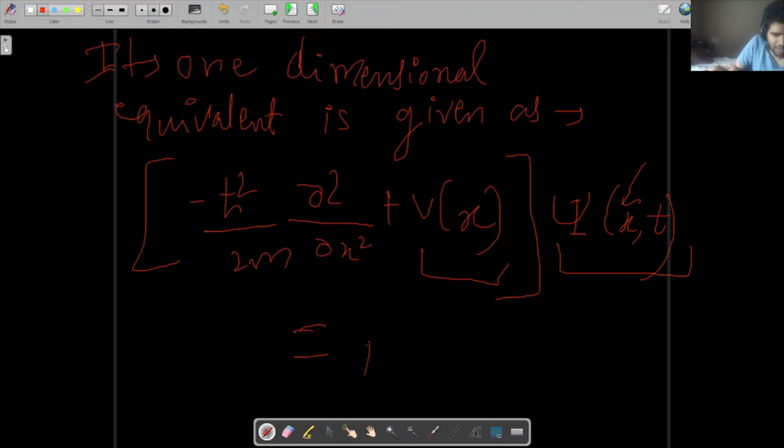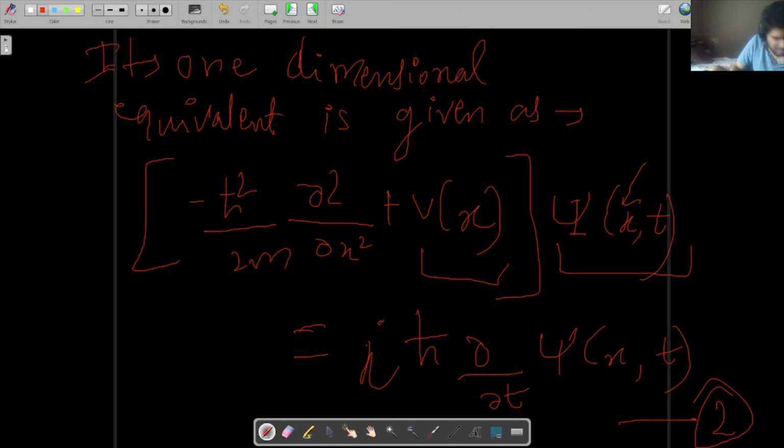Then we have equal to i h cut del by del t of psi of x comma t. Let this be equation number 2. So this is basically the one dimensional equivalent of the Schrodinger time dependent equation.